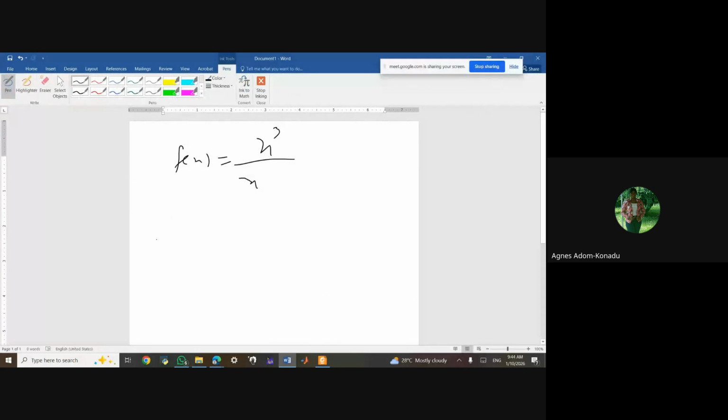So I have x squared minus 4 like this. So I have to use long division to solve this.